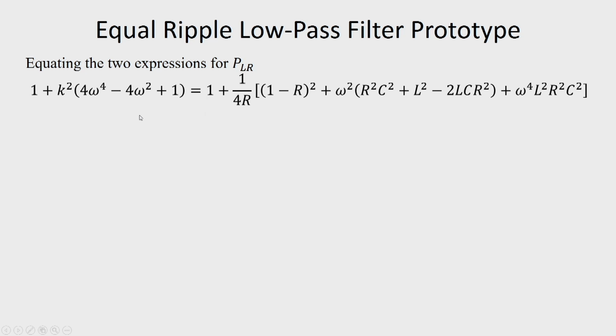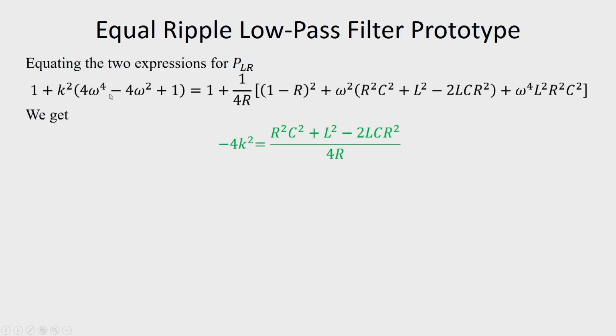Now, what we can do? We can equate the coefficients of omega square and omega to the power 4 from both sides. In that case, we get two equations.